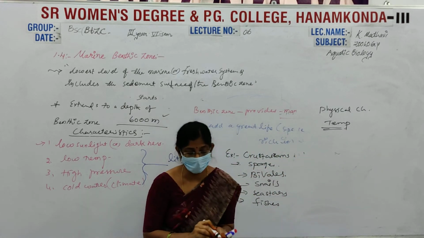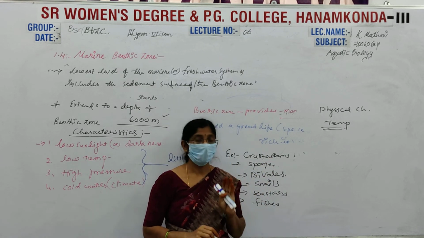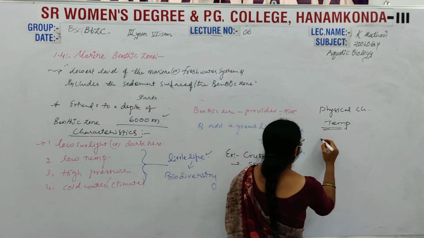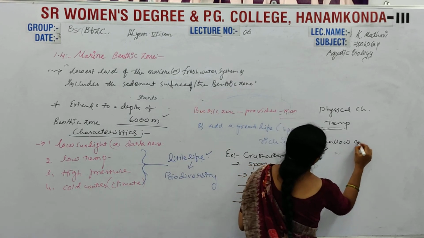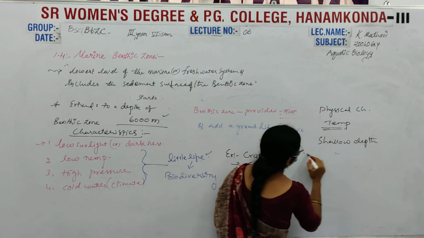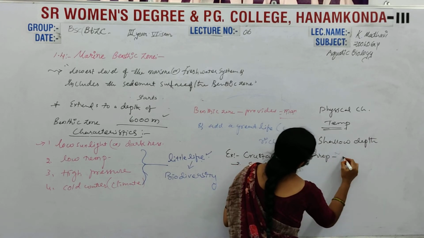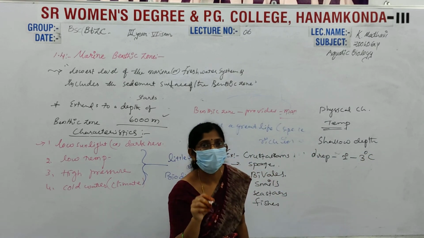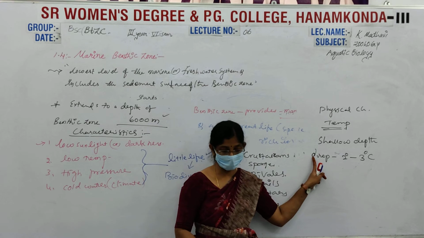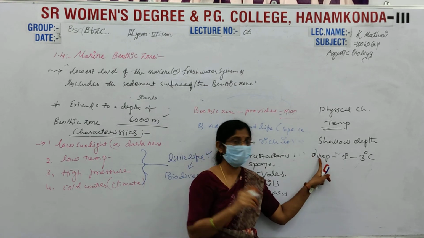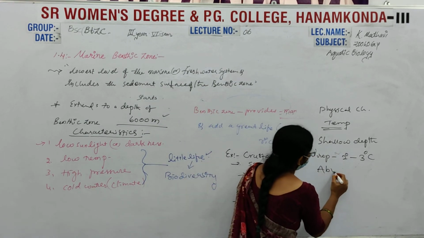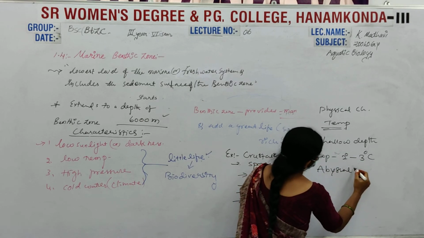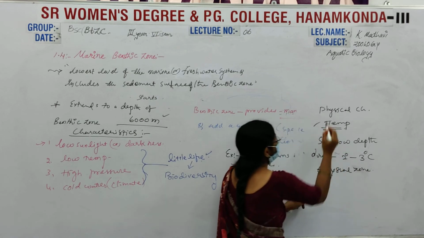The temperature is low here. It may drop at shallow depth by 2 degrees centigrade to 3 degrees centigrade. And this zone is especially considered the abyssal zone, or abyssal plain. That's the temperature.